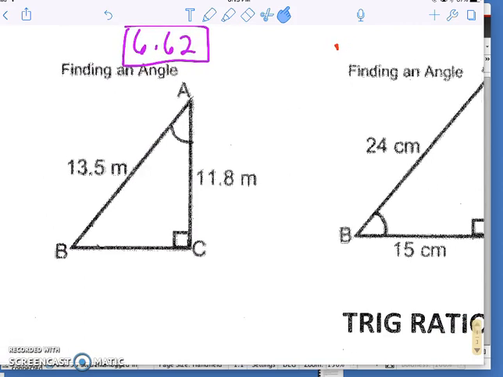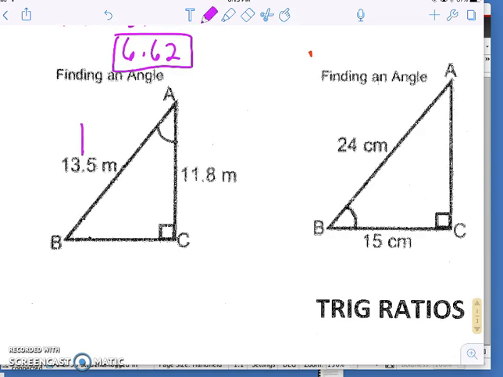Now you'll notice this next one here on the bottom, we have an angle. We don't know what that is. We need to find the angle, but we're given our hypotenuse. And this side, well, this is the adjacent. Adjacent and hypotenuse, that's not sine anymore. That's the cosine. And we're finding an angle. And if you remember from last year, to find the angle, we use the inverse key.